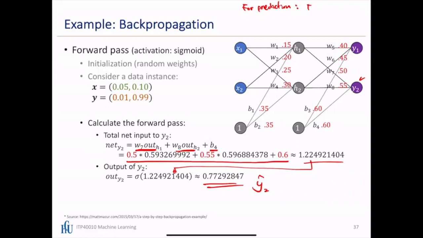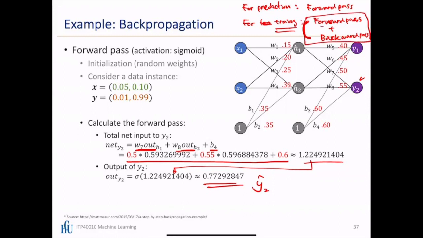For prediction, you want to do feed forward, or the forward path. And for training, you want to do the forward path and the backward path as well. The backpropagation algorithm itself is for training, and backpropagation includes the prediction part in it.